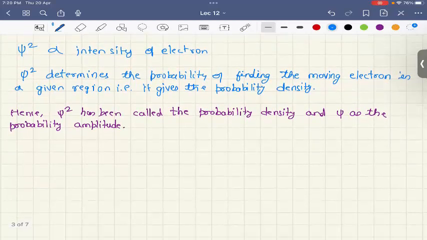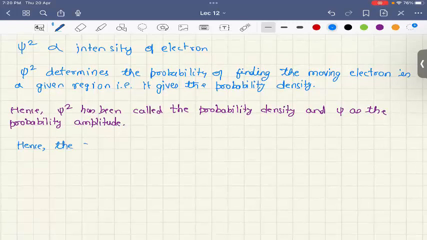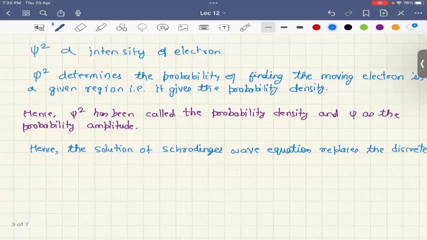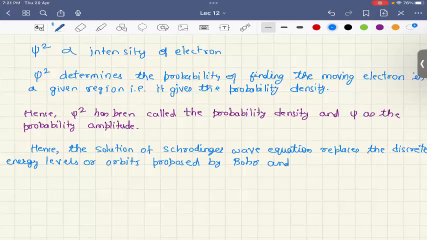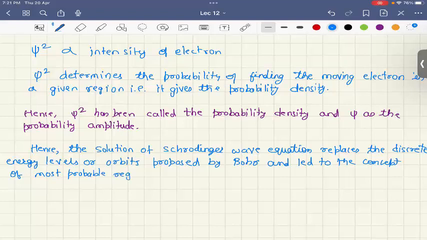Hence, the solution of the Schrodinger wave equation replaced the discrete energy levels or orbits proposed by Bohr and led to the concept of most probable region in space in terms of psi square, right?